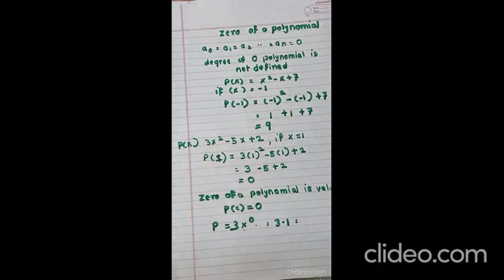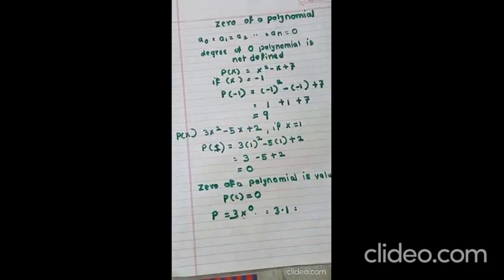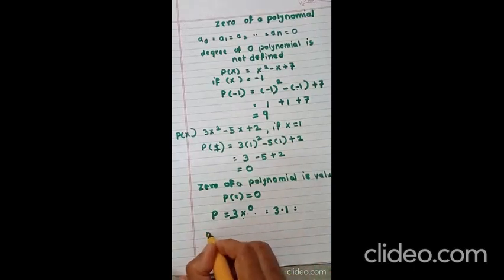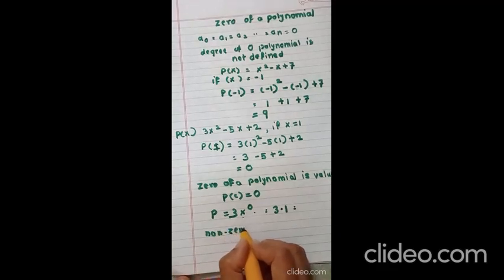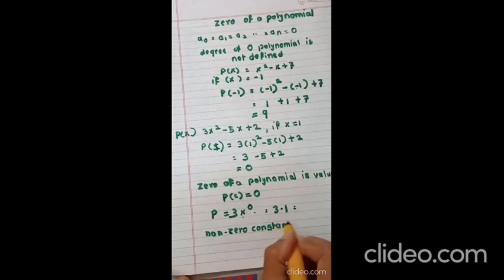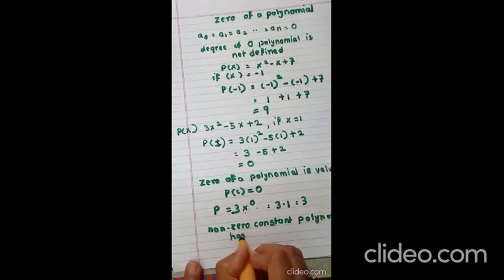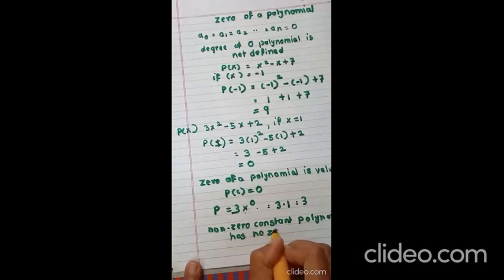So a non-zero constant polynomial has no zero.